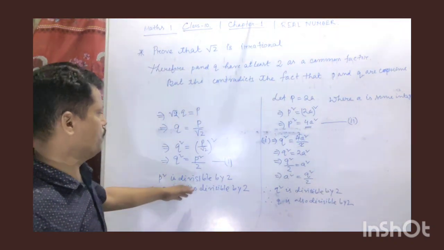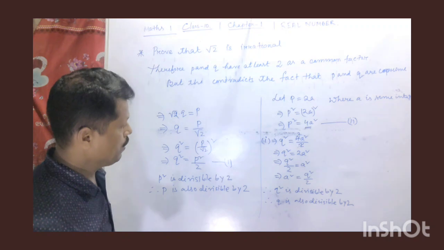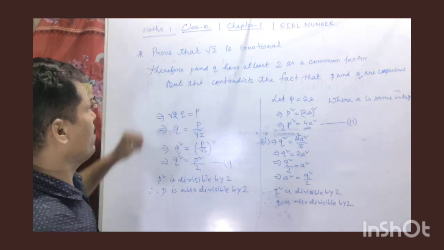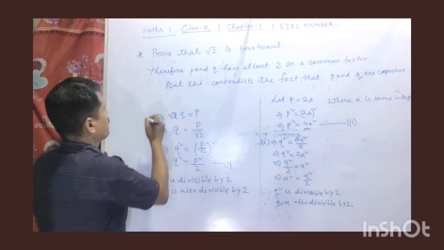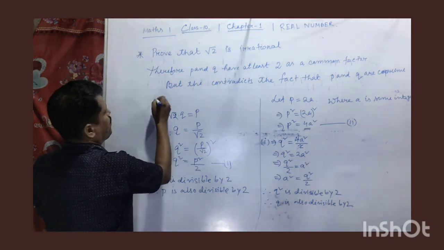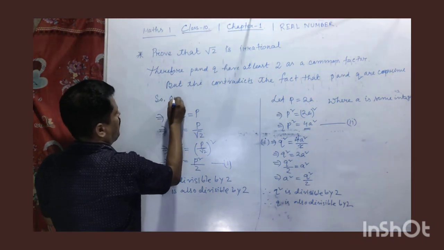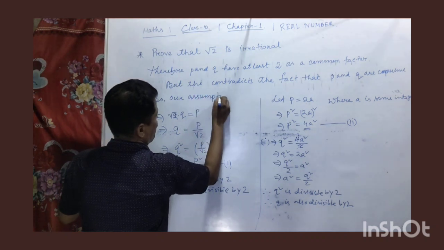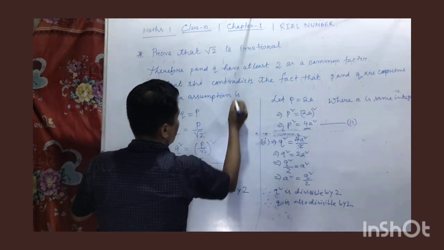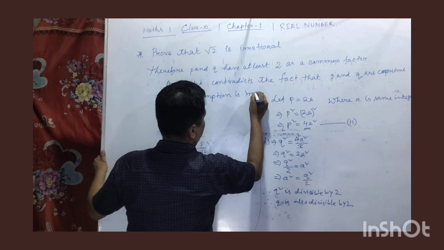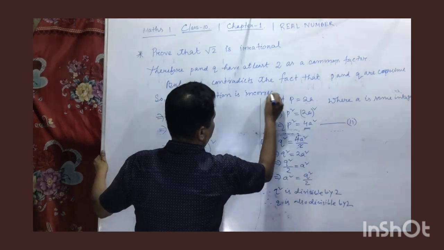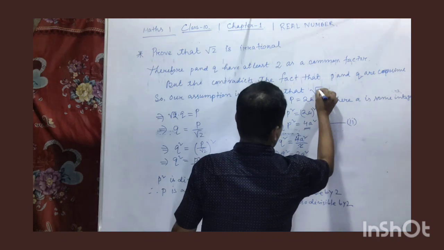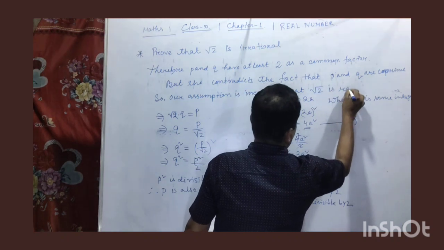But here we have found that 2 is a common factor. Therefore our assumption is incorrect that root 2 is rational.